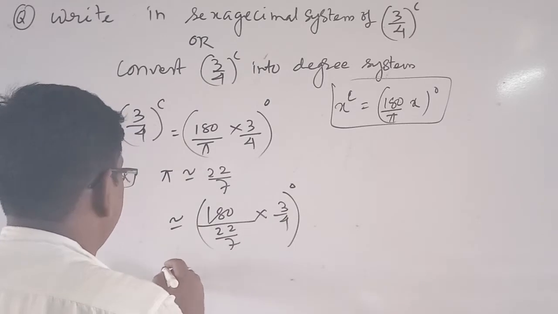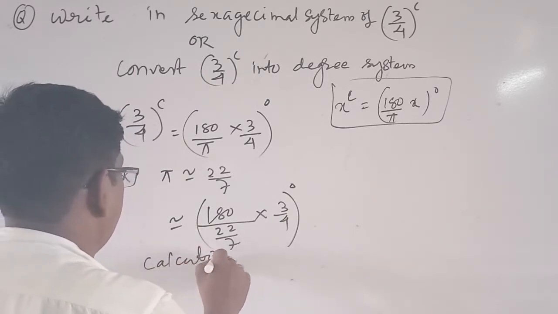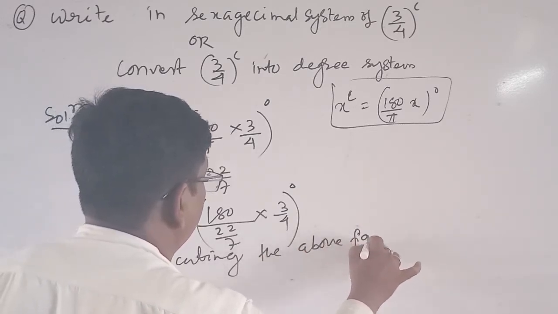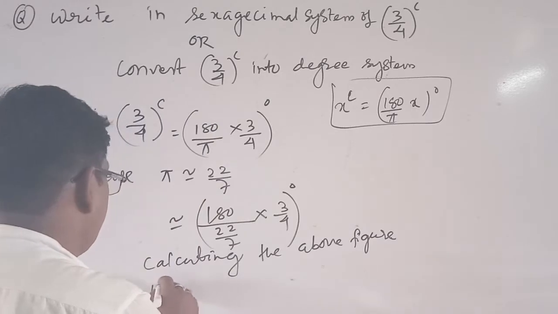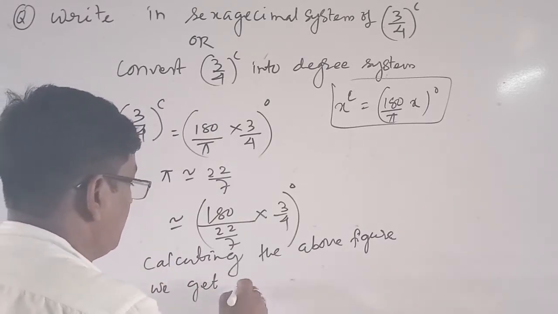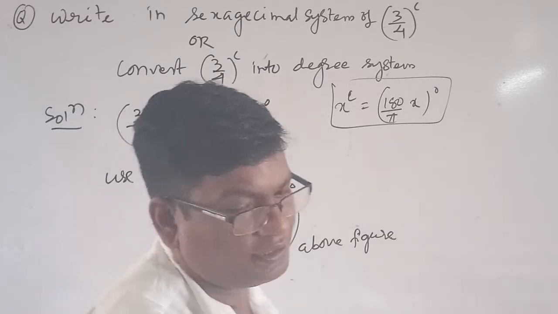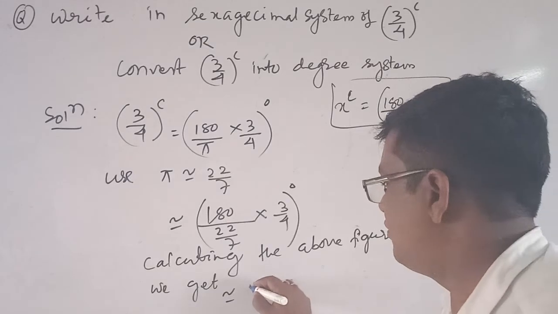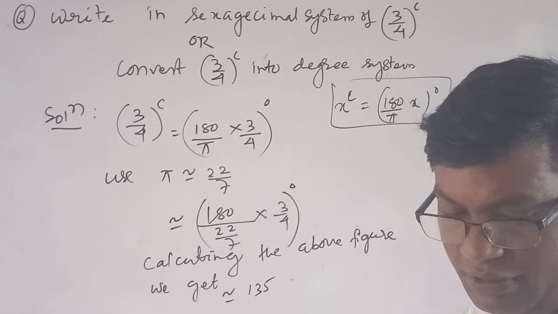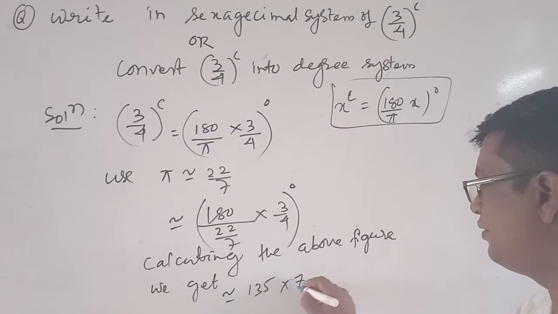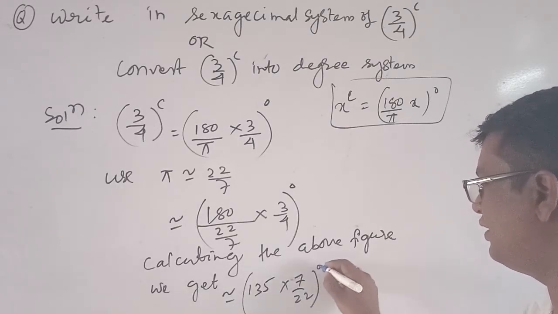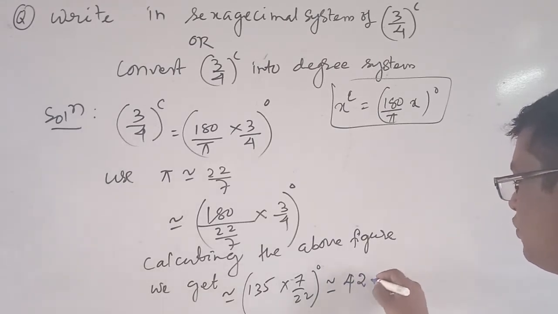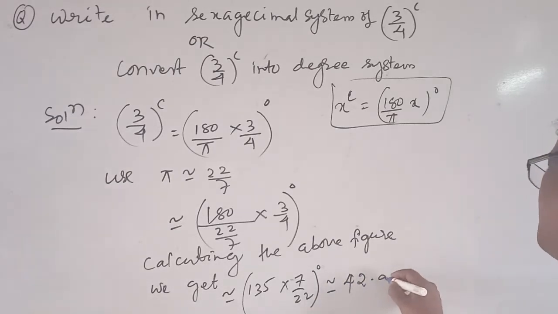Then calculating the above figure, we get this is approximately equal to 135 into 7 by 22 degree, which is approximately 42.96 degree.